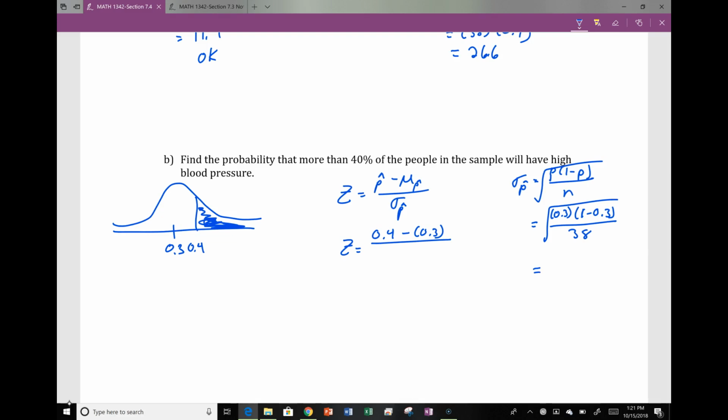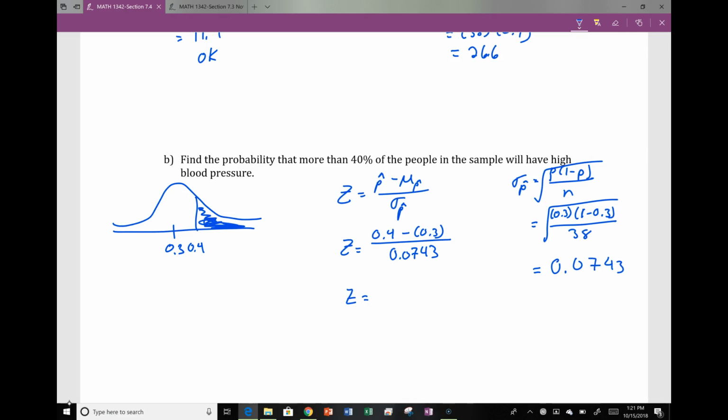Doing these calculations, we should come up with approximately 0.0743. Notice I kept 4 decimal places. I want to keep as many as possible. That is going to be the standard deviation that we use to calculate our z-score.